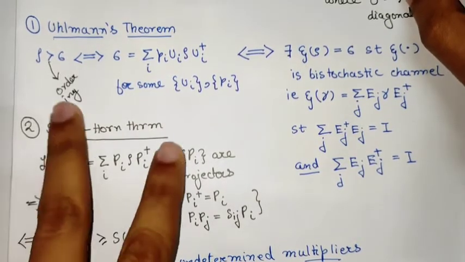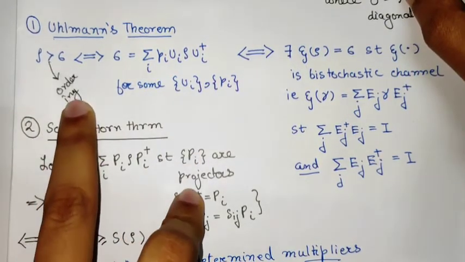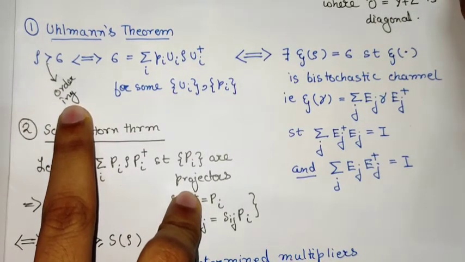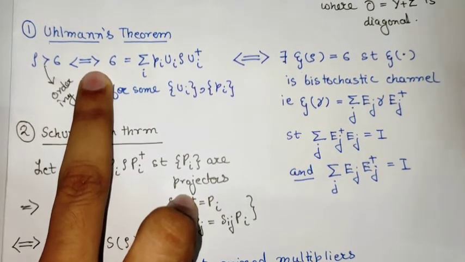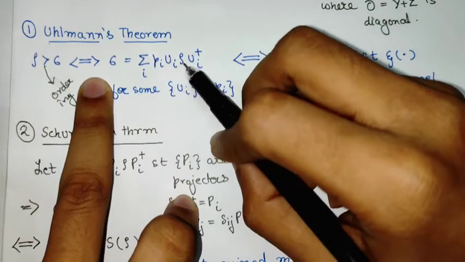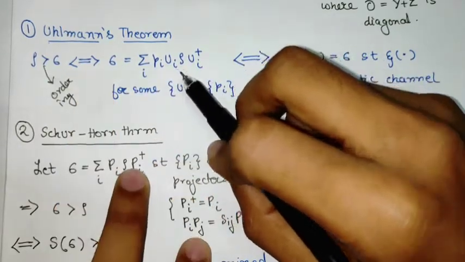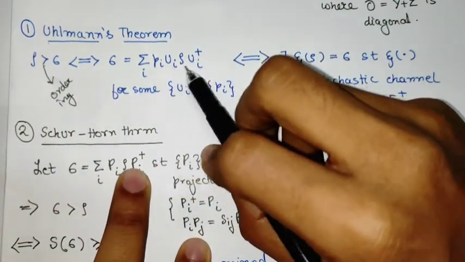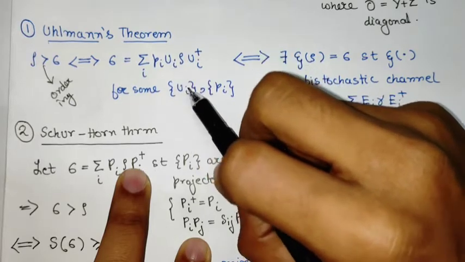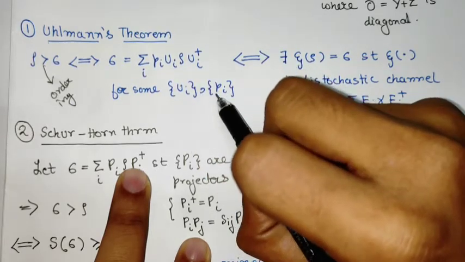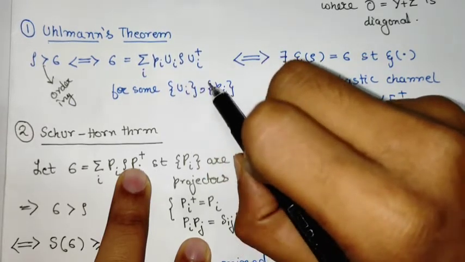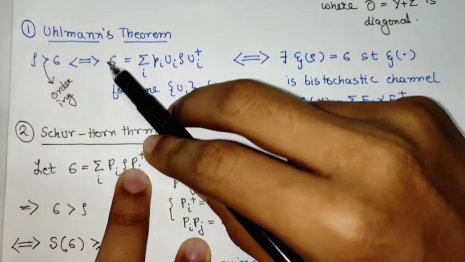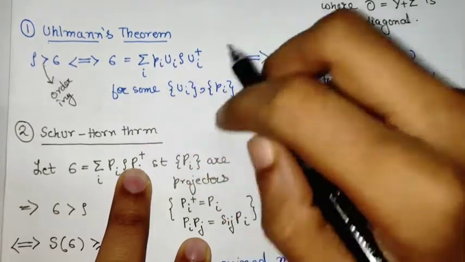I have also defined majorization in my previous videos. If rho majorizes sigma, it implies that sigma can be written as a unital mixing of rho. This is a particular channel called a unital channel, where unitaries are applied on rho with certain probabilities. So it is a probabilistic mixture of unitaries acting on the system rho.